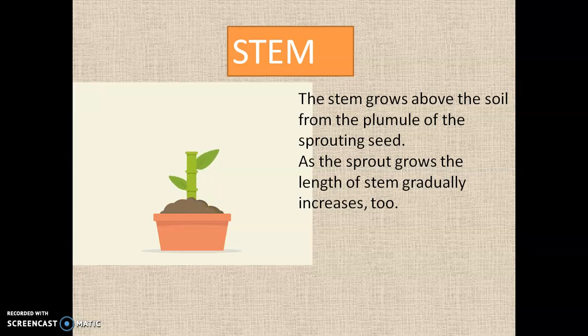As the sprout grows, the length of the stem also gradually increases. Initially the stem is small, and then slowly its length increases.